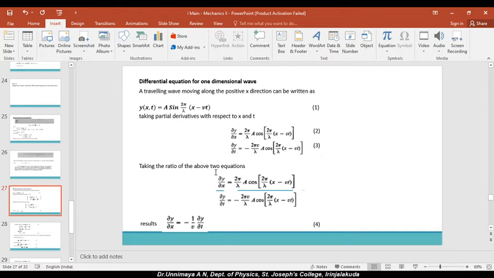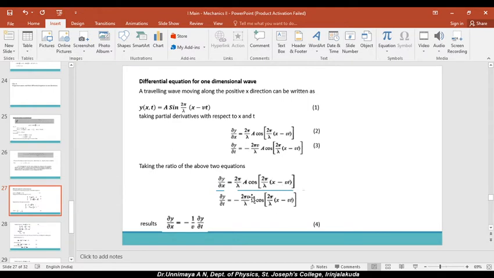Taking the ratio of the above two equations, that is (∂y/∂x)/(∂y/∂t). What do we get? 2πa/λ cos 2π/λ (x − vt) whole divided by minus 2πv/λ a cos 2π/λ (x − vt). So you will get the result ∂y/∂x divided by ∂y/∂t equal to, all these terms will cancel, 2πa/λ cos 2π/λ (x − vt) will cancel.